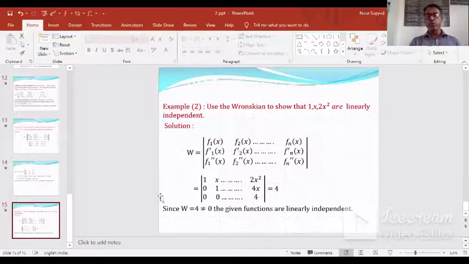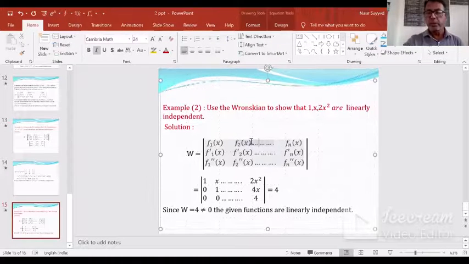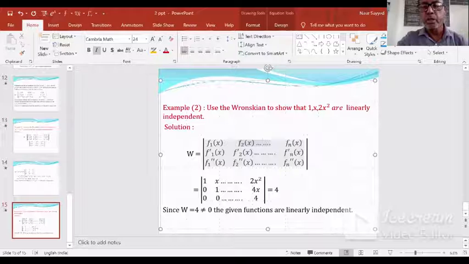Now we see one more example. Use the Wronskian to show that 1, x, 2x square are linearly independent. Now again we write the solution as f1 of x, f2 of x, f3 of x.